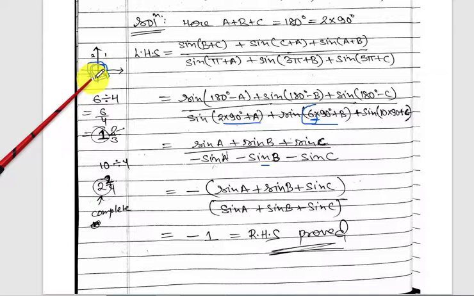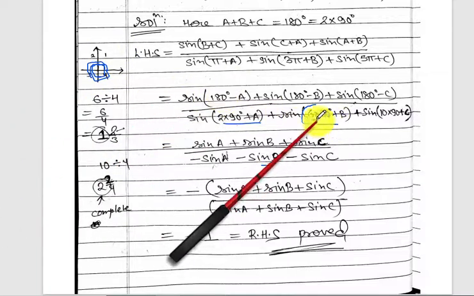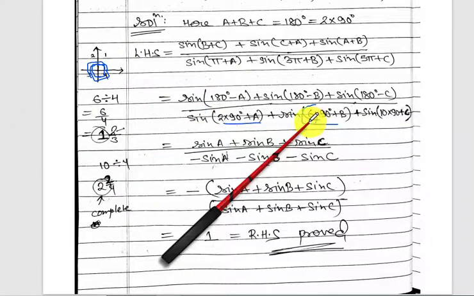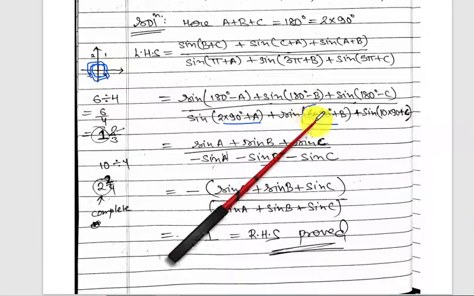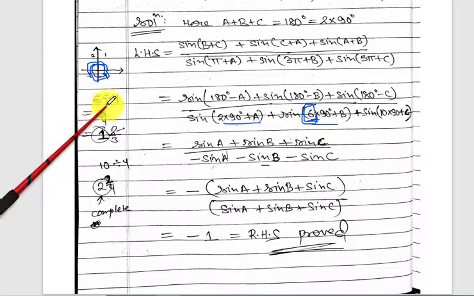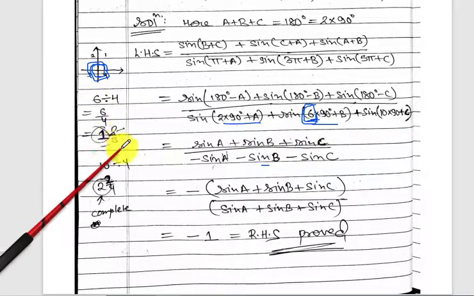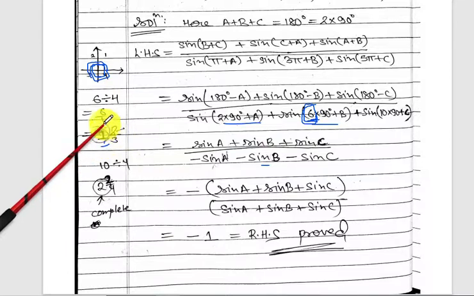But suppose in place of 6 you have got 15 or 16, then all the time you are not going to do this. So the best way is, 6 into 90 is there, so you divide 6 by 4. When you divide 6 by 4 you get quotient 1 and remainder 2, that means one complete rotation has been done.